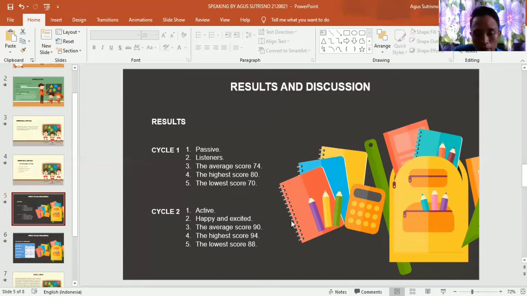So the score also increases. It can be seen on the 0.3 until 0.5, the average score 90, the highest score 94, and the lowest score 88.